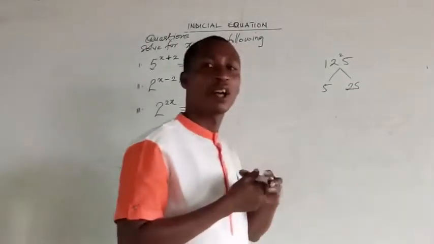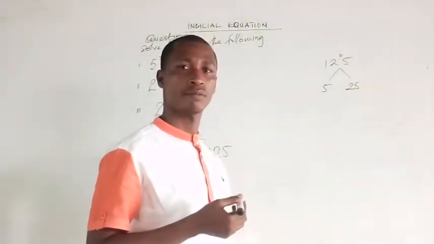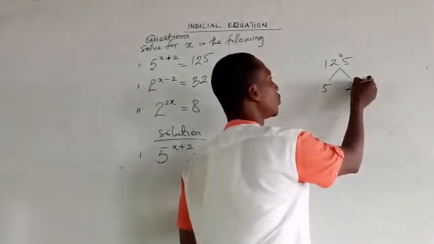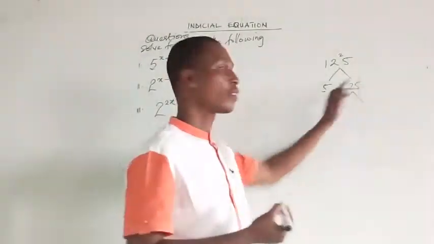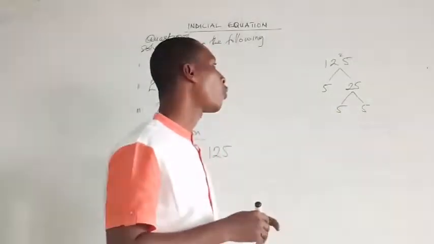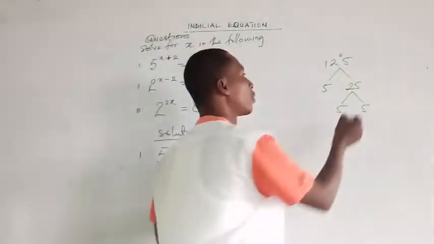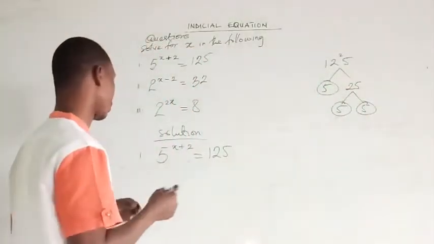It means that 5 times 25 is the same as 125. Then I'll go further to reduce this. This one is still divisible by 5. So in place of 125, I've got 5, 5, 5. That is 5 to the power 3.